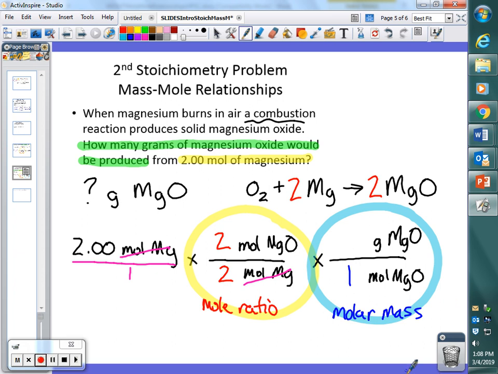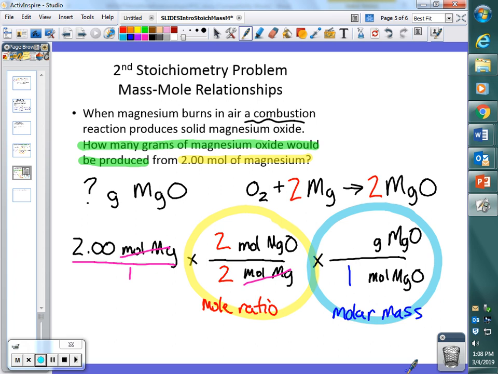When we get the molar mass, we go to the periodic table. Before, when we were doing all of our conversions, we were only doing them for a single element. So the molar mass of magnesium is 24.305.